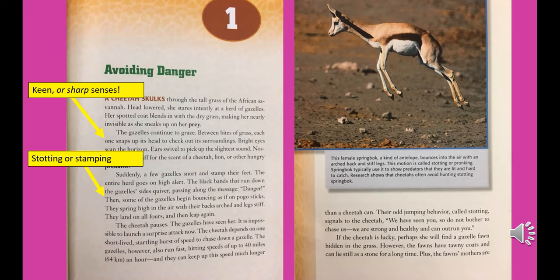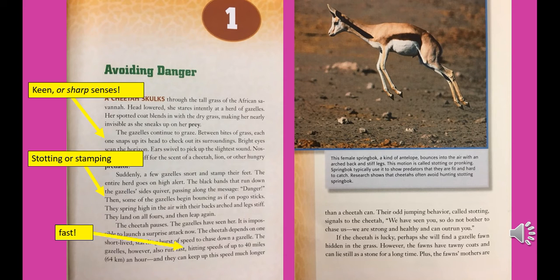Suddenly, a few gazelles snort and stamp their feet. The entire herd goes on high alert. The black bands that run down the gazelle's sides quiver, passing along the message, danger. Then some of the gazelles begin bouncing, as if on pogo sticks. They spring high in the air with their backs arched and legs stiff. They land on all fours and then leap again. The cheetah pauses. The gazelles have seen her. It is impossible to launch a surprise attack now.